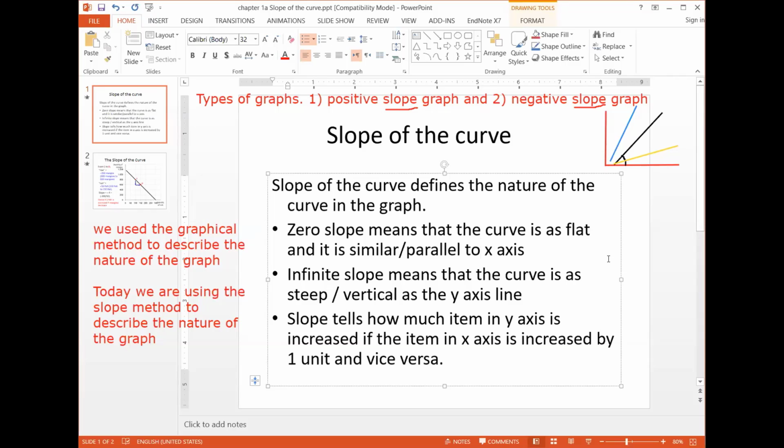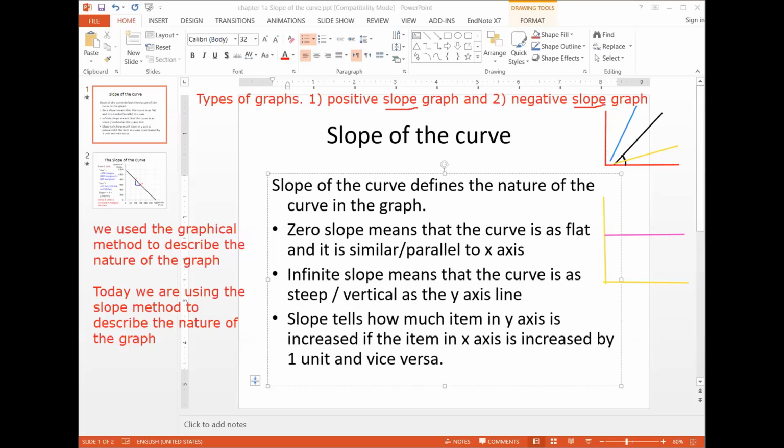Let's draw an example here. Suppose we have a y-axis and then draw an x-axis here. If the slope is zero, the line will be horizontal. Horizontal means that it is not changing, and it's also parallel to the x-axis.